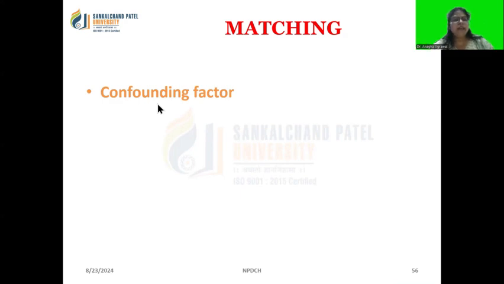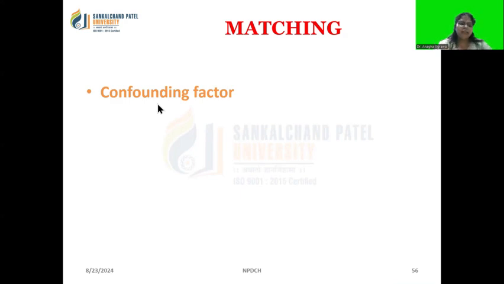If such factors are present, they may modify the relationship between your disease and the risk factor, and you may not get the right results for your study. So matching is done to remove or at least minimize confounding. 100% of confounding or errors cannot be removed, but matching is one way with which we can minimize errors in our study, so that your study results will be more and more reliable.